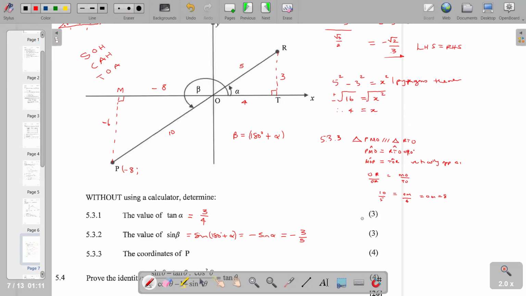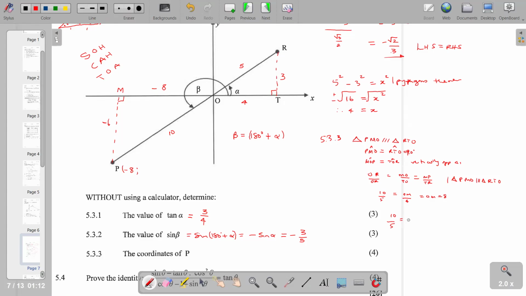Then we apply the same ratio, 10 over 5. Remember here, it's also equal to MP over TR. What is the reason for this? Those two triangles are similar, triangle PMO similar to triangle RTO.